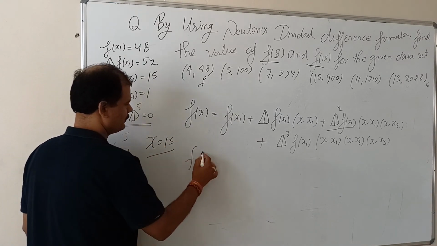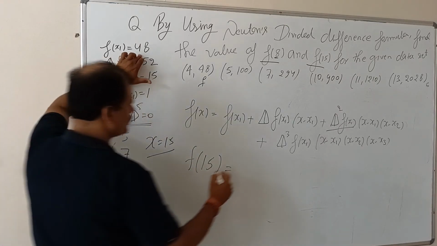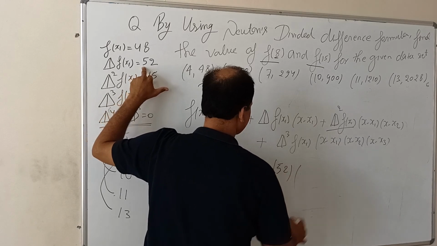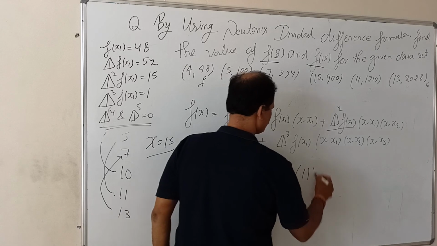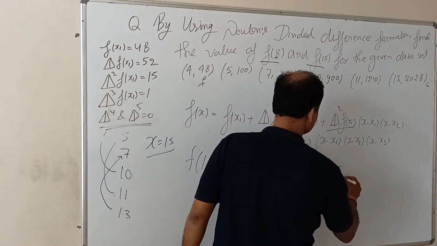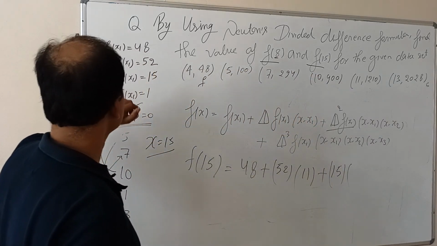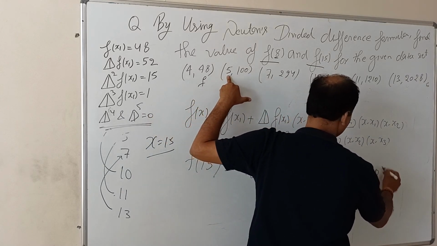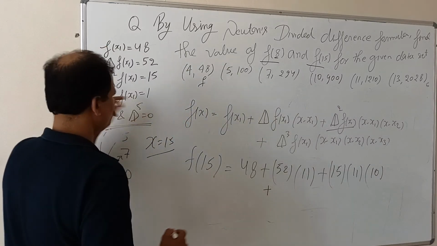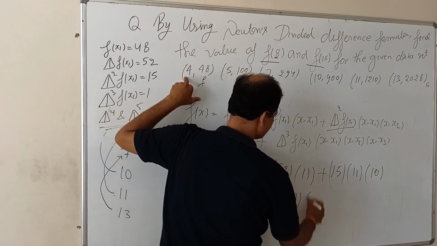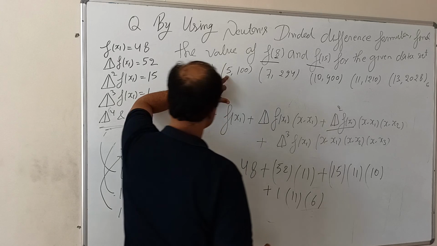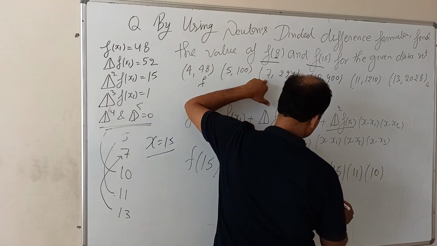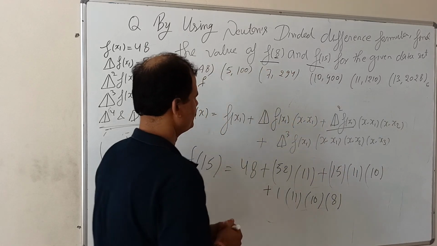So f of 15 equal to f of x1, that is 48, plus del f, 52, and x minus x1, so 15 minus 4, we get 11, plus del square, 15, and 15 minus x1, 11, 15 minus x2, 15 minus 5 equal to 10, plus del cube, 1 into 15 minus 4, 11, 15 minus 5, 10, and 15 minus 7, we get 8.